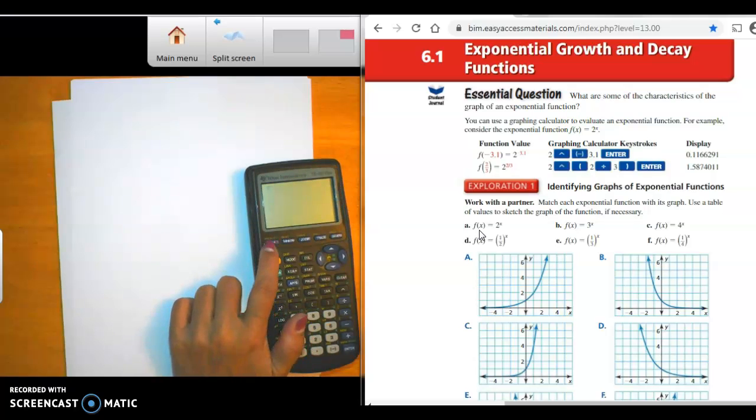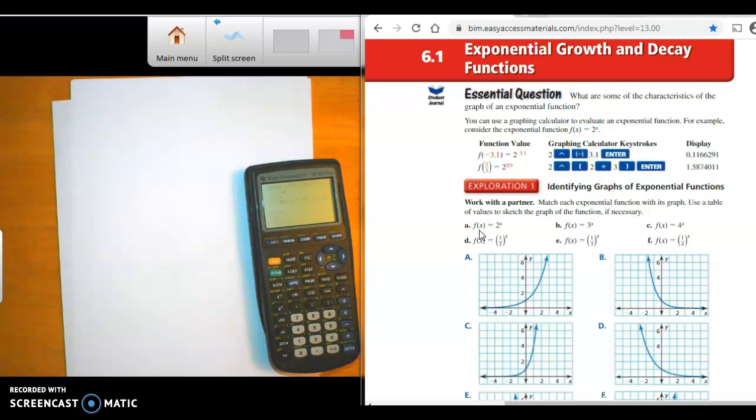Y equals, then I put in 2 to the x. So we'll put 2, arrow, x. Let's graph. How does the graph look?